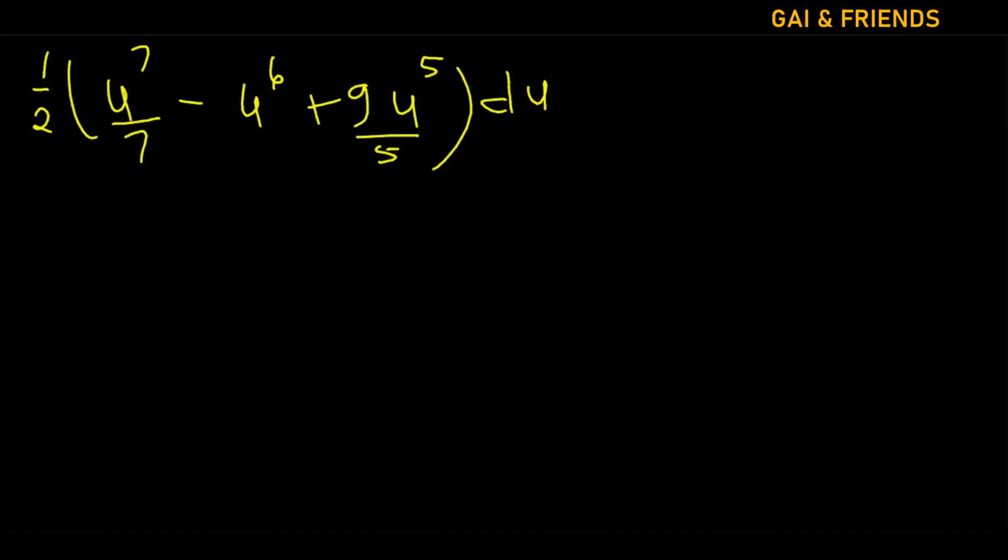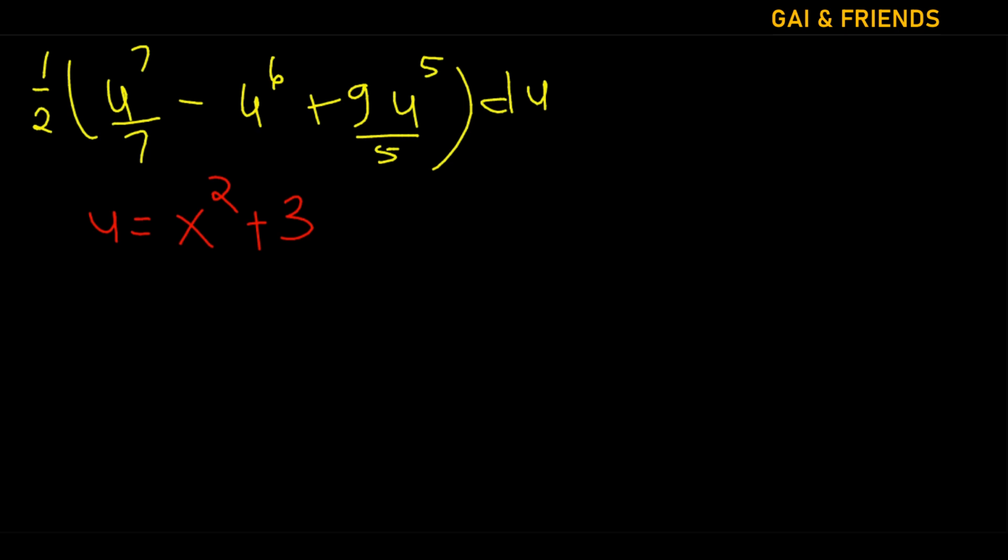Substitute the value of u. We know that the value of u is x squared plus 3. That means wherever there is u in this function, we are going to put x squared plus 3.